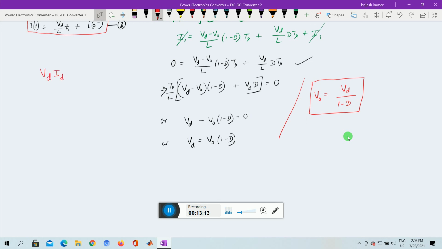What we observe here is that the input side is Vd, Id, the input voltage and current, and the output side is V0, I0. If it is a lossless boost converter, these two powers must be equal. So if V0 is equal to Vd by (1 minus d), we can have a relation now.